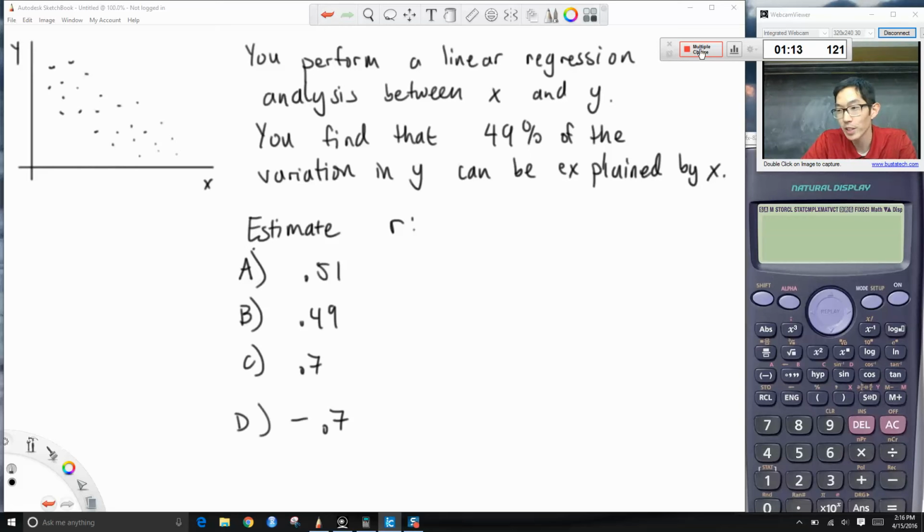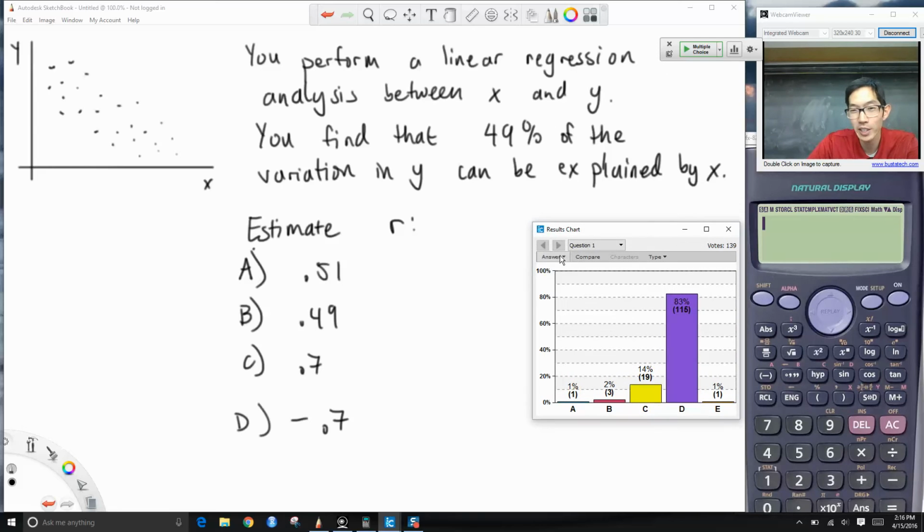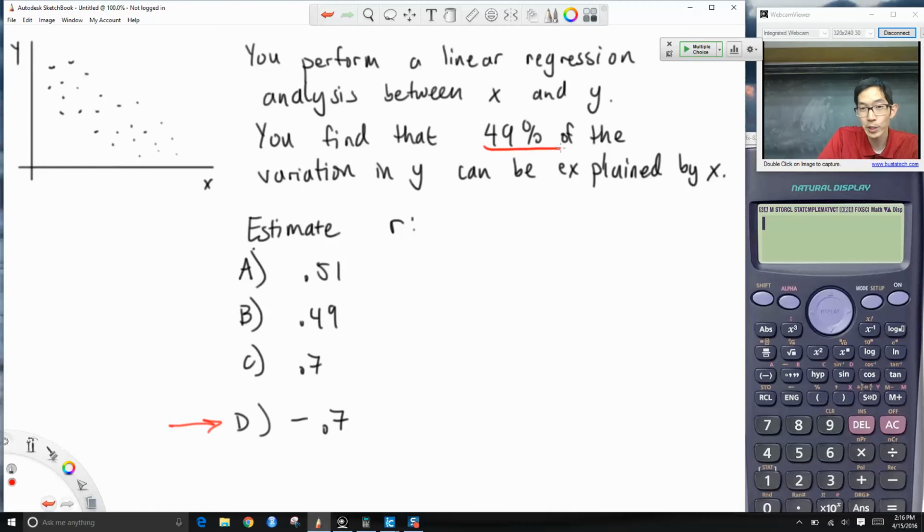Okay, 5 more seconds to get your clicks in. So 5, 4, 3, 2, 1. Click, click, click. All right, and our correct answer is the letter D. So here, 49% of the variation in y can be explained by x.